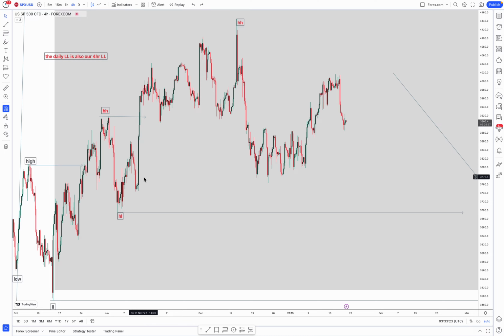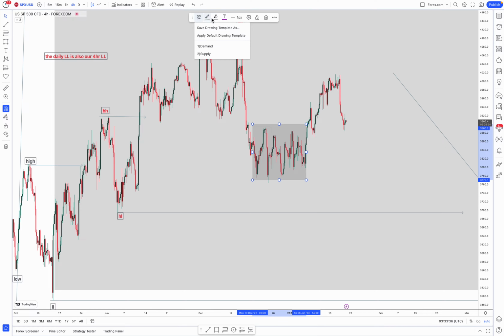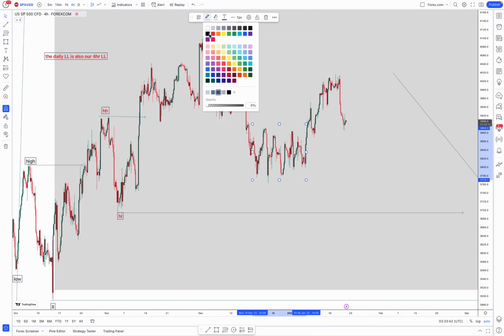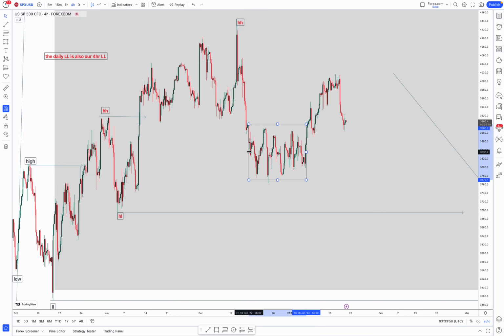Okay. So the market has created an area of consolidation in this region over here, which is very important to us. Area of consolidation, as you can see, consolidated a while, broke above, and now is expanding.